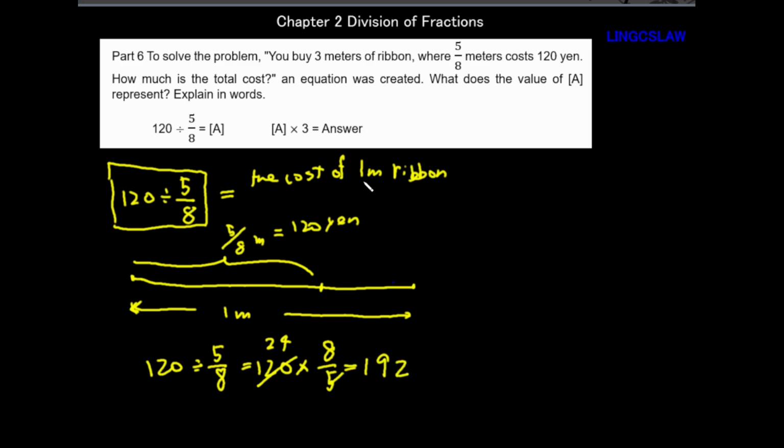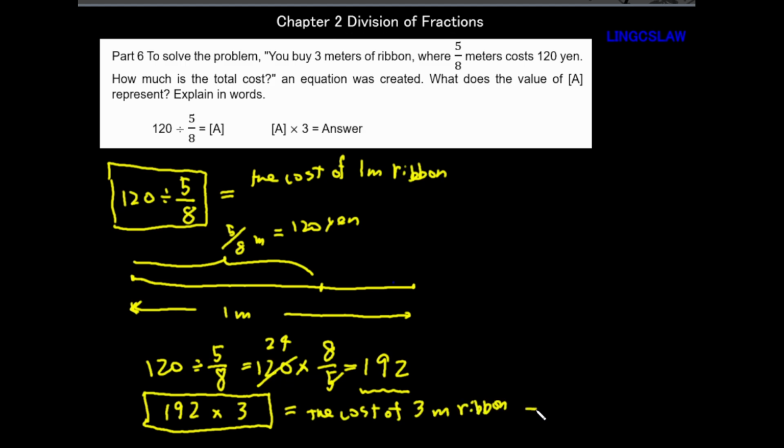So the cost of 1 meter ribbon is 192 yen, and this one, 192 times 3, represents the whole cost. 3 meters of ribbon cost 576 yen.